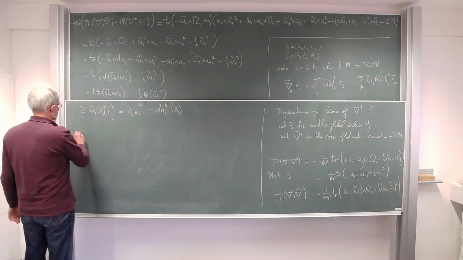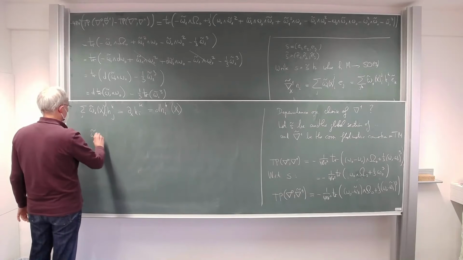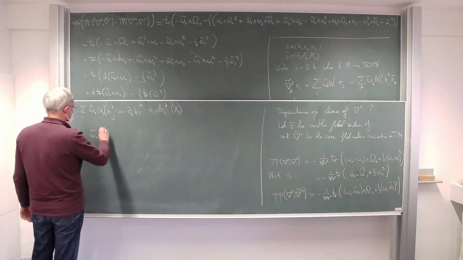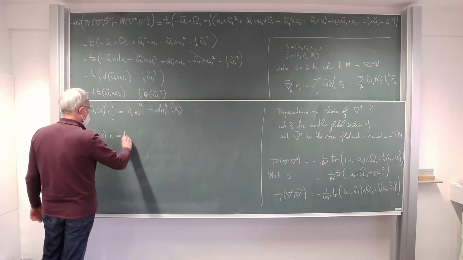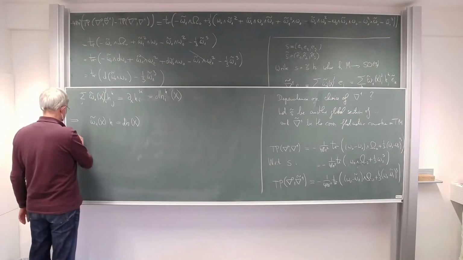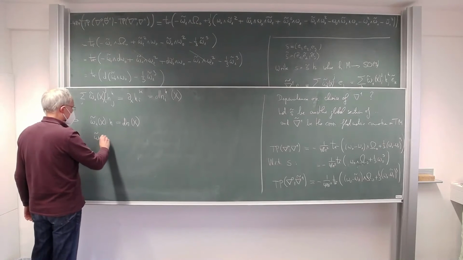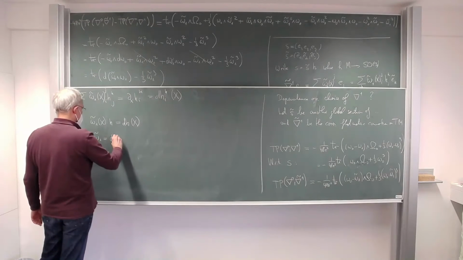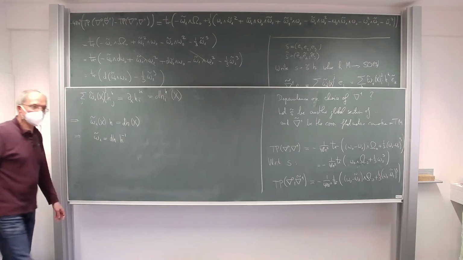So this is omega 1 tilde of X times H is equal to dH of X, or in short, omega 1 tilde equals dH times H to the minus 1.